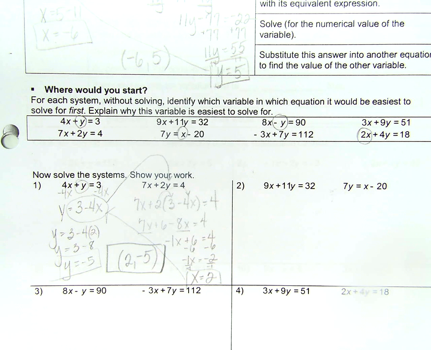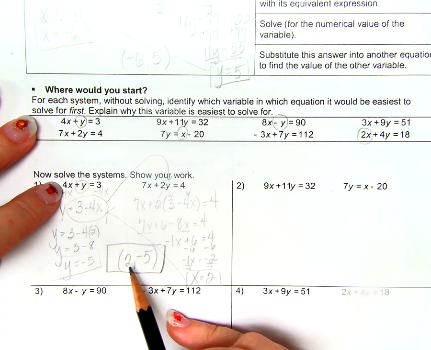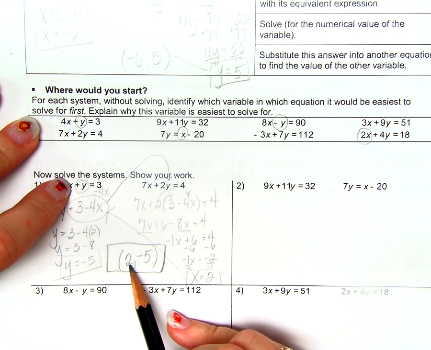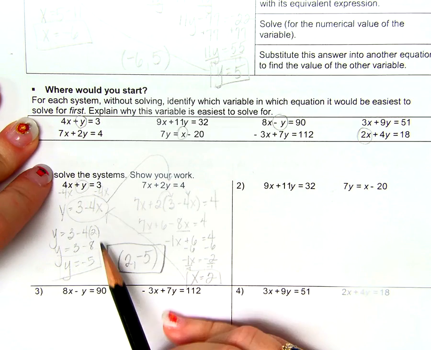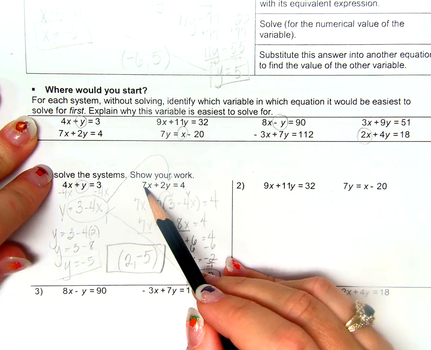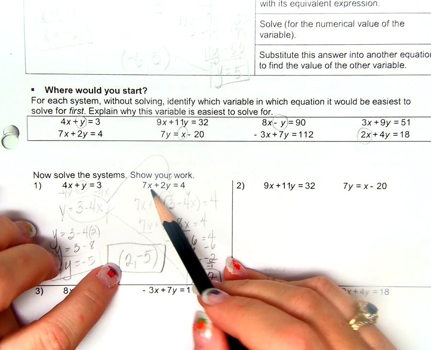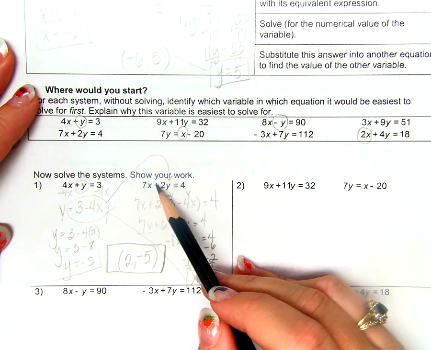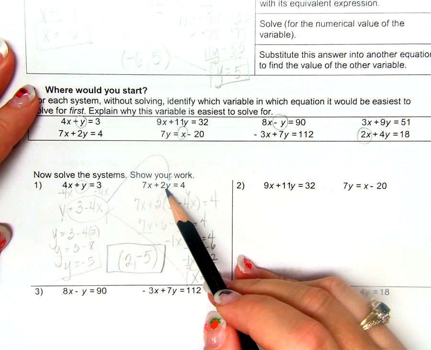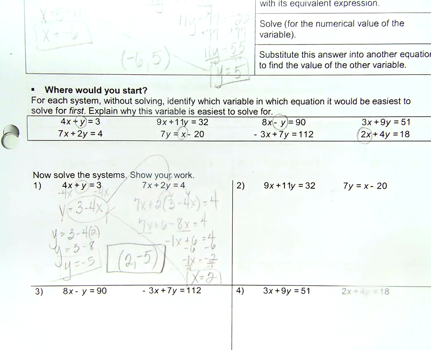I could plug it in, couldn't I? 4 times 2 is 8 plus negative 5. Oh, that's right. 7 times 2. 2 times negative 5. 14 plus negative 10. Oh my gosh. I got it exactly right.